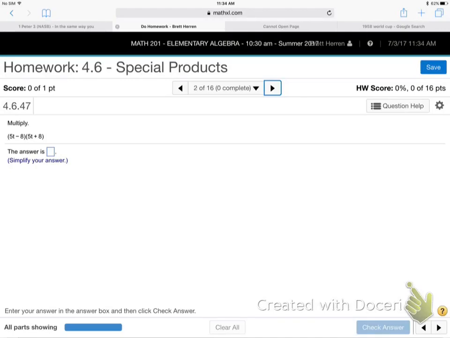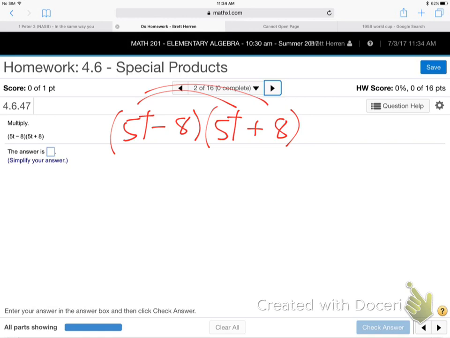Let's try that one. So (5t - 8)(5t + 8). So first to both, second to both, right?